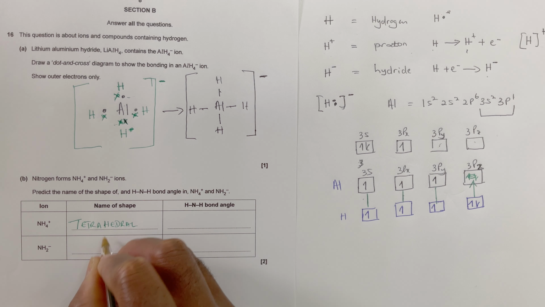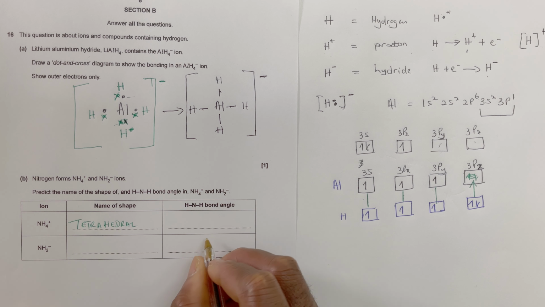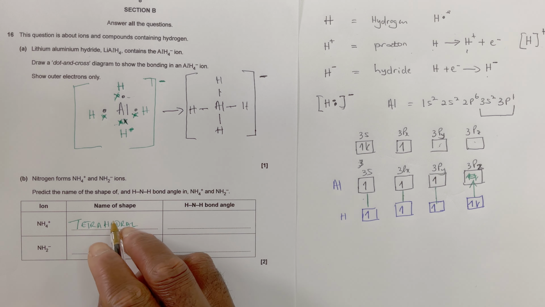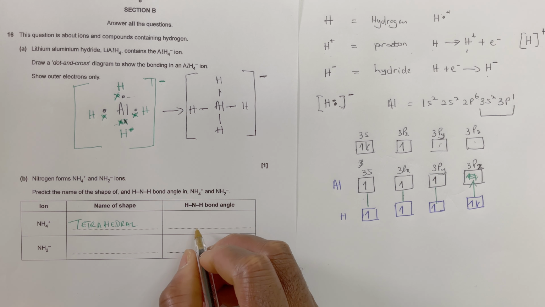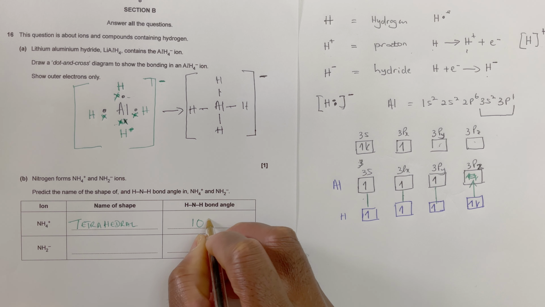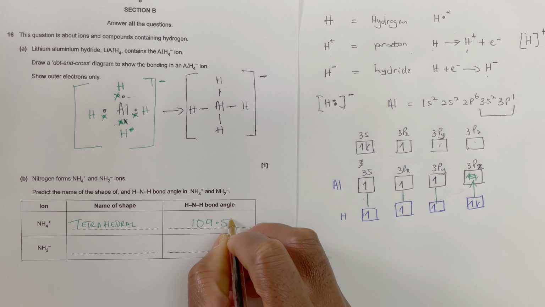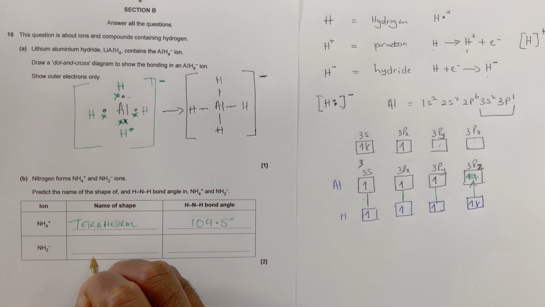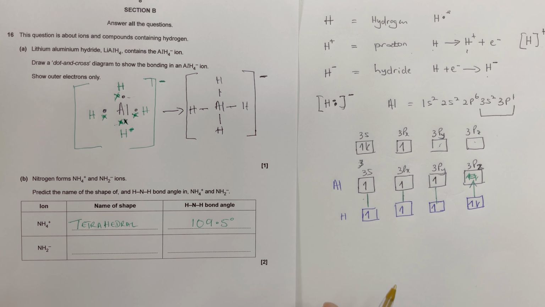Okay, and the bond angle for that is, this is shape, and the bond angle will be 109.5 degrees. Likewise, the second one here, the B part, so that's how that forms.